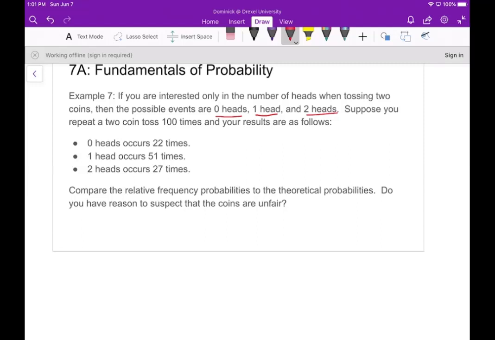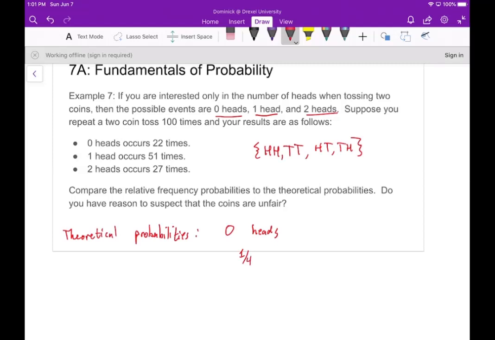Now, we know the theoretical probabilities for this, right, we did this before, because your possible events would be heads, heads, tails, tails, heads, tails, and tails, heads. Well, then the probability of getting 0 heads is 1 out of 4, right?